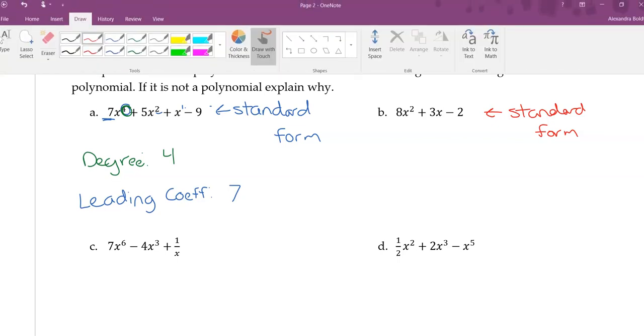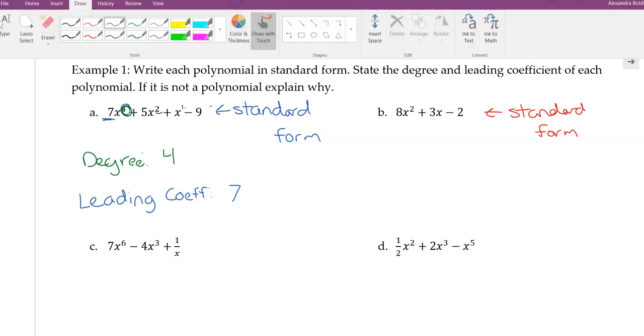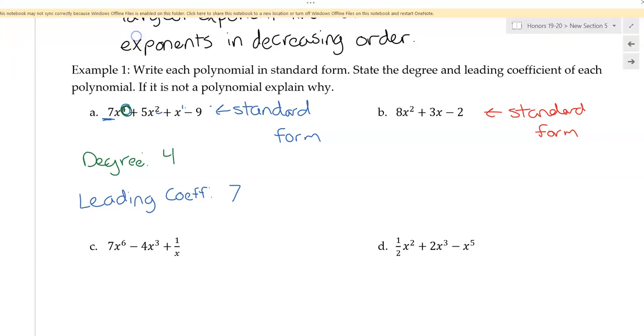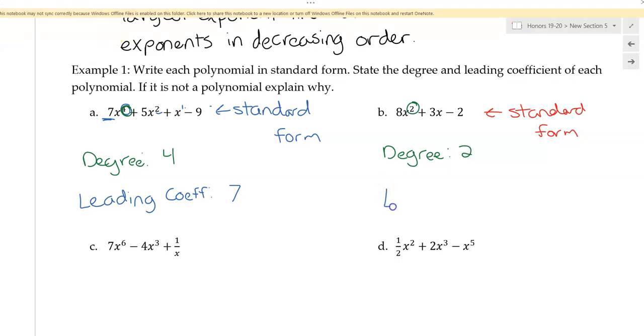So then that first one is going to be where I get my degree and my leading coefficient from. So my degree comes from the exponent. My leading coefficient is 8.